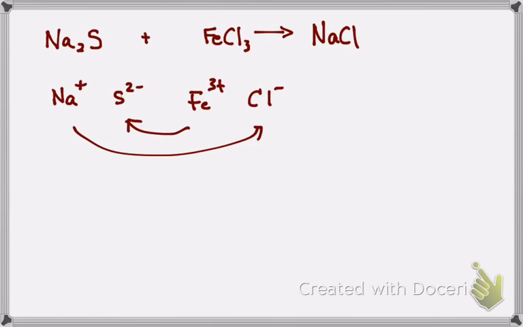They're not together. It's not a polyatomic ion, in other words. So you break it up, Fe and Cl. And what's the formula for the product? Fe and S? Fe2S3.